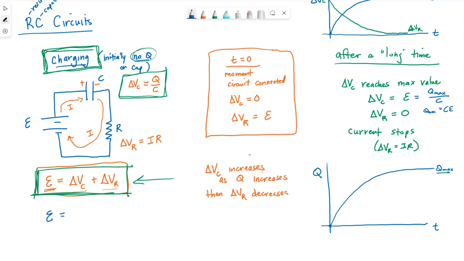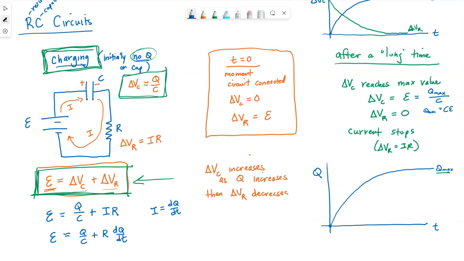Delta V for the capacitor is charge per capacitance. Delta V for the resistance is current times resistance. But remember, current is defined as the rate at which charge is flowing. So we end up with an equation that has both Q and dQ/dt in it.